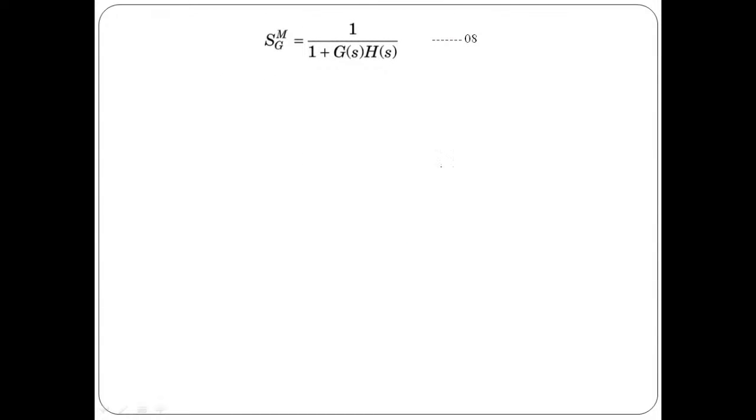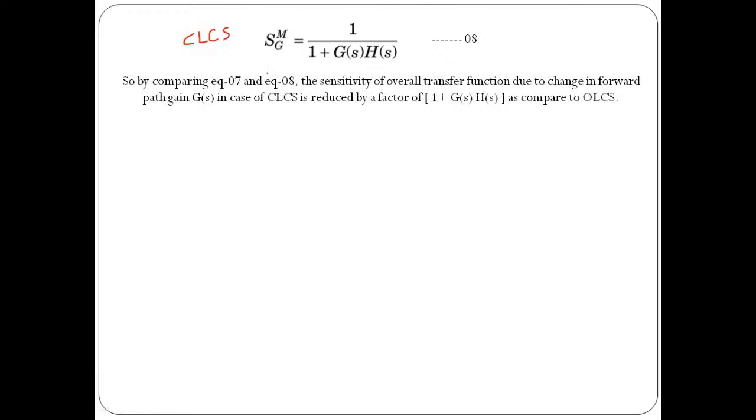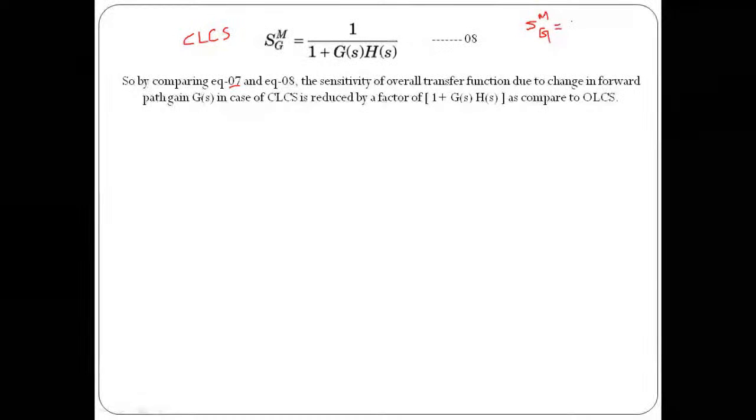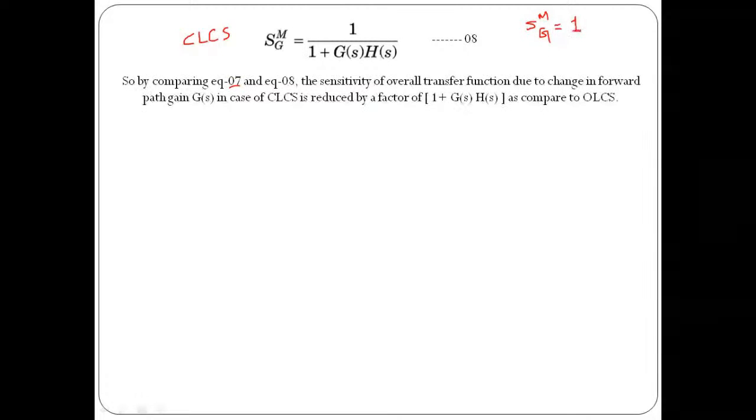So equation number 8 indicates the sensitivity of the overall transfer function with respect to change in forward path gain, but this is for the closed loop control system. Now if you compare, equation number 7 indicates the sensitivity of the overall transfer function due to change in forward path gain in the case of an open loop control system, which is nothing but 1.